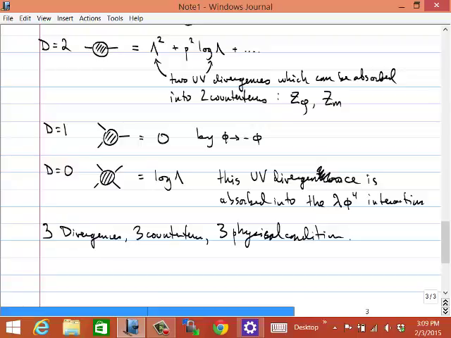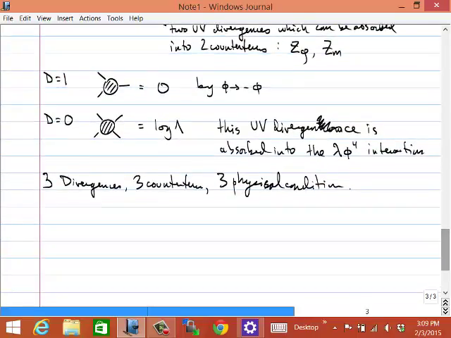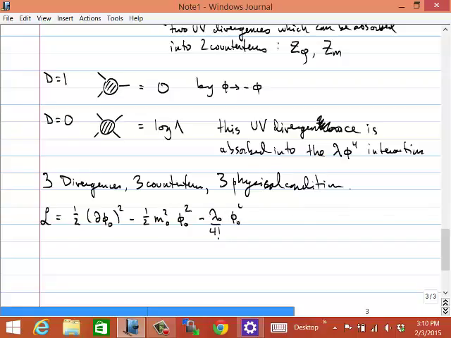So for example, just because you can never go through this too many times, the way that we would do this explicitly is you would imagine starting by writing out, say, a bare Lagrangian with a bare field phi naught and coupling constants m naught and lambda naught.